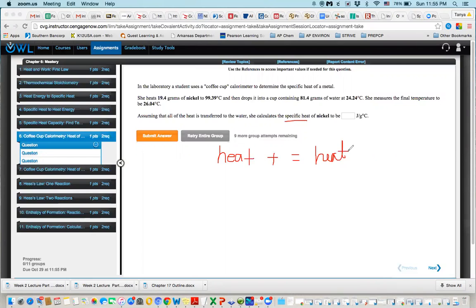So that would be heat negative. So you could say Q equals negative Q. And then what does Q actually equal? MCΔT. So MCΔT equals negative MCΔT.